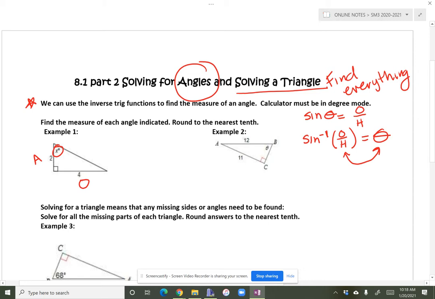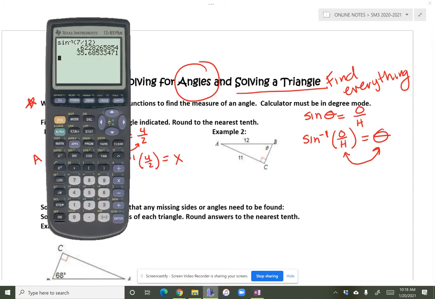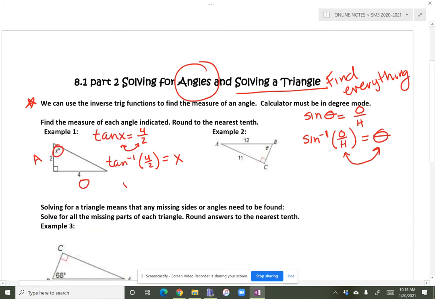Our normal sentence would be tangent of x equals O over A, or 4/2. But I want to find x, so I'm going to flip these by saying inverse tangent of 4/2 gives me the angle. Then on my calculator I go second tangent, inverse tangent of 4 divided by 2, and I get 63.43, or x equals 63.4 degrees.